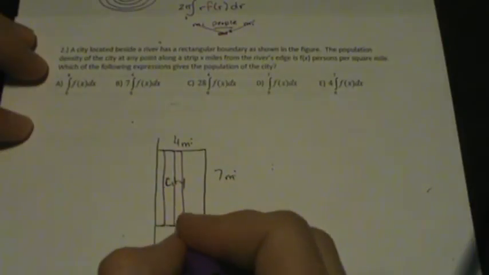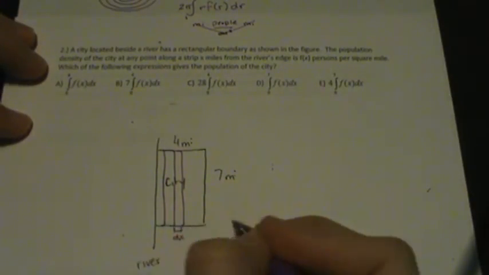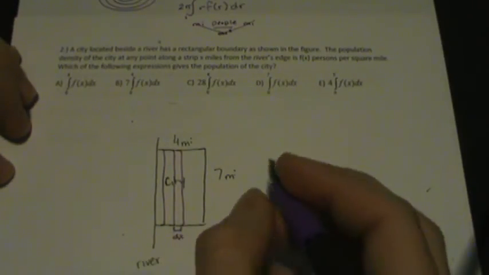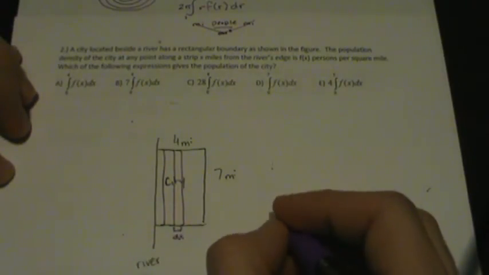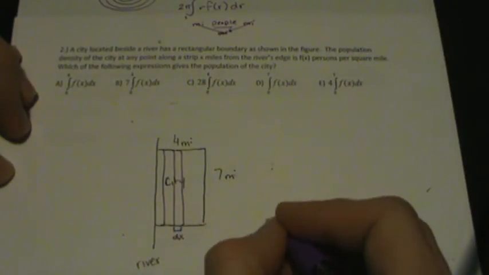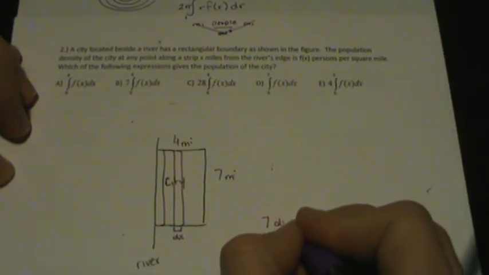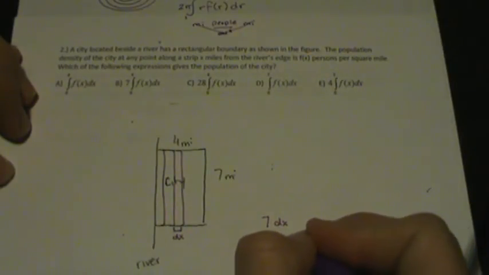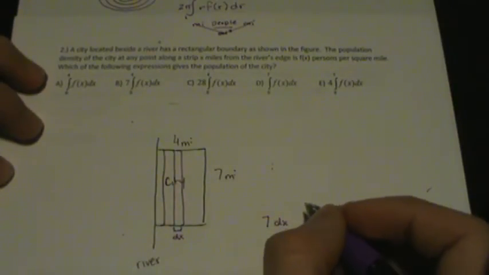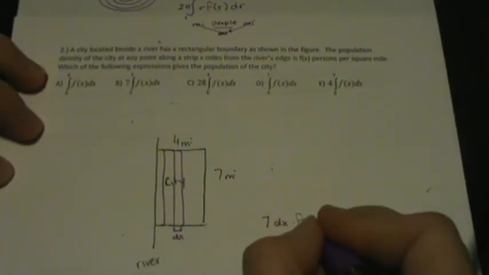If these are all x miles, this would be the difference in x. So we're looking at a whole bunch of little rectangles, and the area of a rectangle is length times width. The 7 is constant, so this is 7 times dx. If this is our area of the rectangle, we want to know how many people live in that area, so we're going to multiply that by f of x.